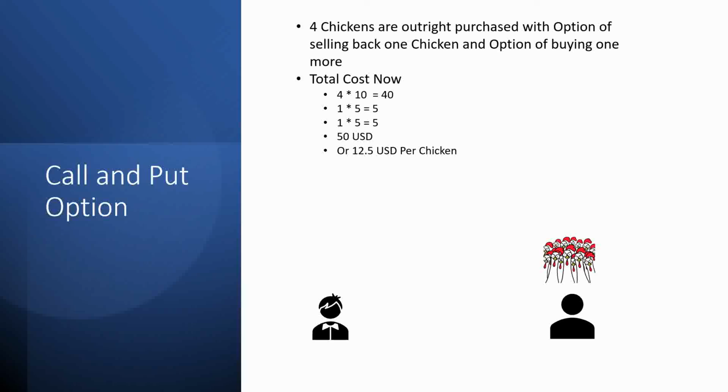So I immediately get in the car, go to Mr. Larry's farm and ask him, hey, I purchased a call option on one chicken, so I'm calling it, and give me 1 chicken. He says, yes, give me that IOU, and we agreed on a $10 price.